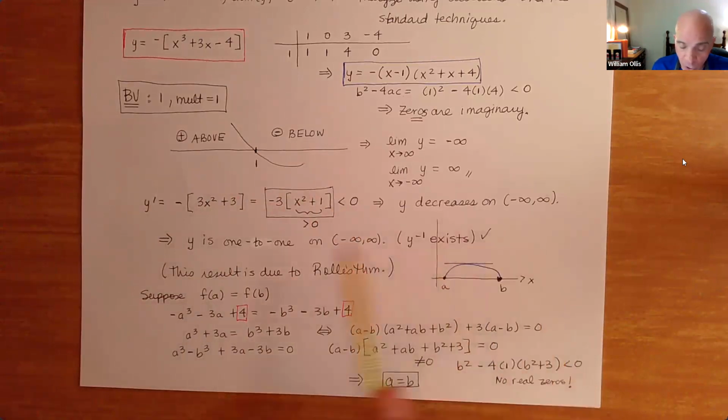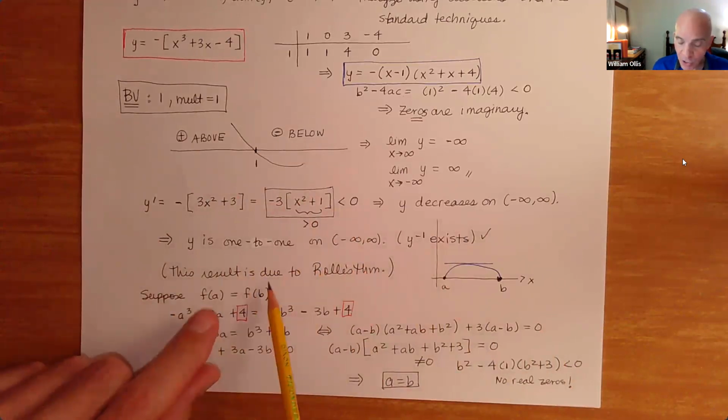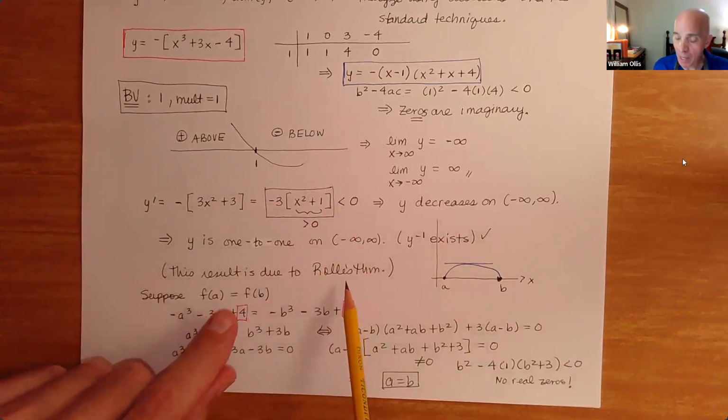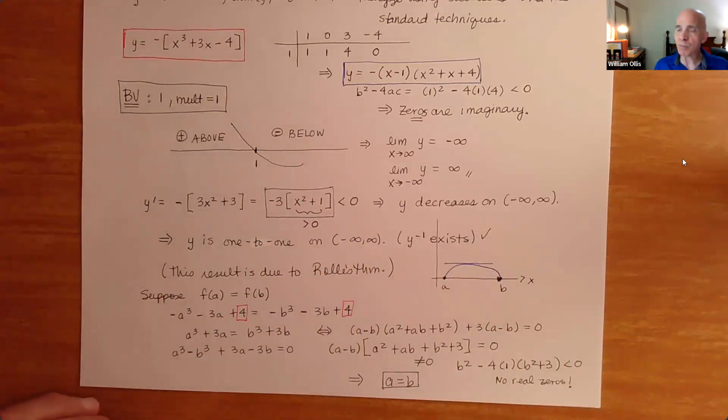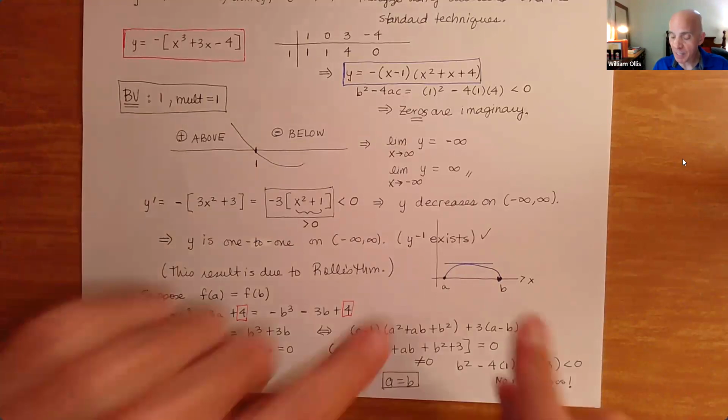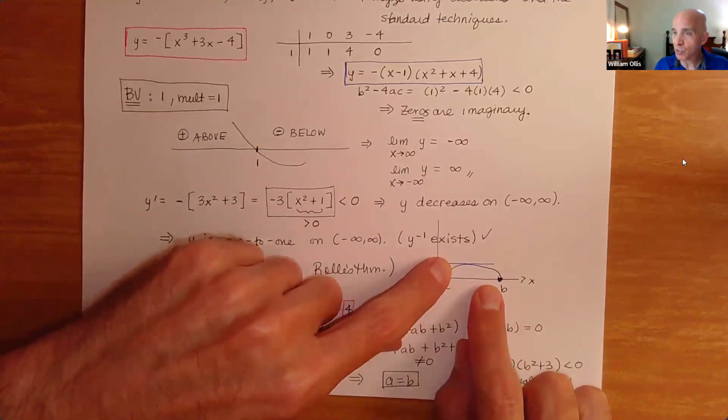So now y is definitely 1-to-1. And why do we know that? Well, we can actually use Rolle's theorem. Because remember, with Rolle's theorem, you have to have 2 points, f of a, f of b, that have the same output. And then if you have the continuity on the closed set and the differentiability on the open set, you have the existence of at least one horizontal tangent.